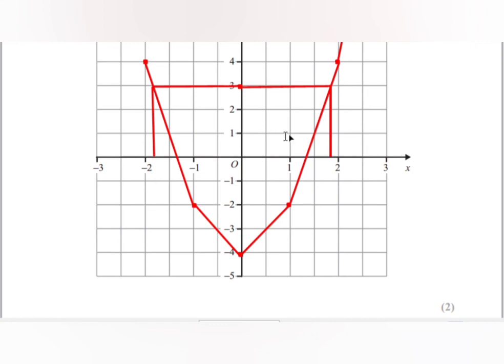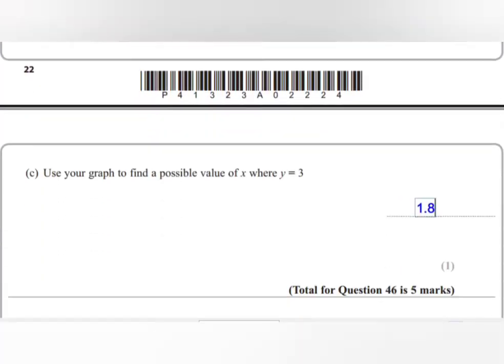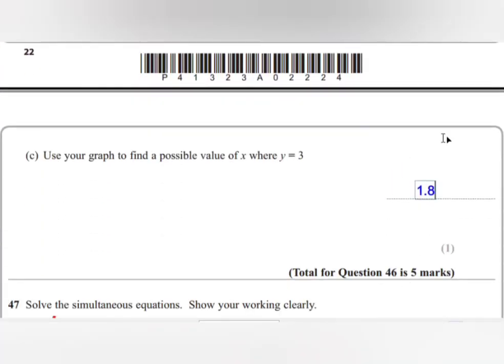Now here, it shows that I read y equals 3, and went to find x, which is 1.8. I can put 1.8 positive or negative here. So I can say positive or negative 1.8.